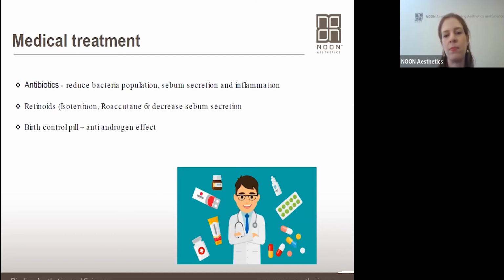Things like this will really help him next to the Roaccutane. And the third treatment is birth control pills, which reduce the androgen level in the blood and reduce the androgen effect.